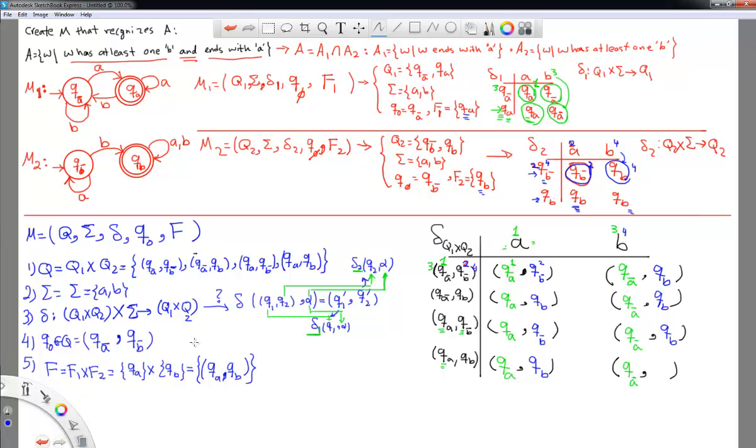When we are in QB and we see a B, we stay in QB. And this is the machine that performs these operations and accepts the language that is the combination of the two. How does its transition function look like? The transition function of this machine, of course, is a 4-state machine.